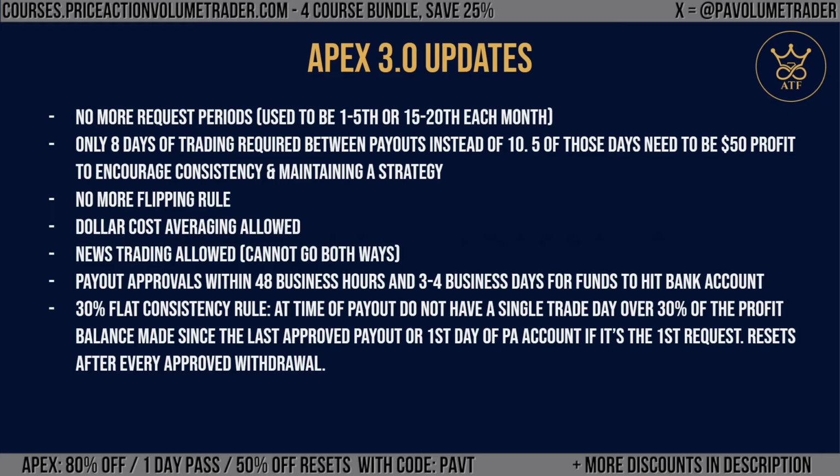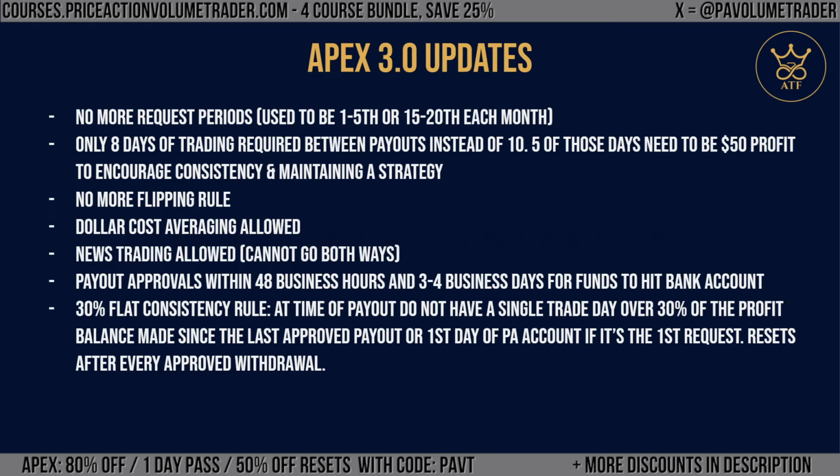30% flat consistency rule. So at the time of payout, you cannot have a single trading day be over 30% of the profit balance made since the last approved payout. Or if this is a new account, a new performance account, since the first day of your performance account, you cannot have more than 30% profits in one day.